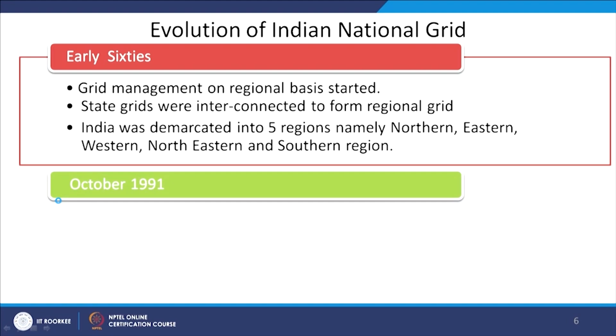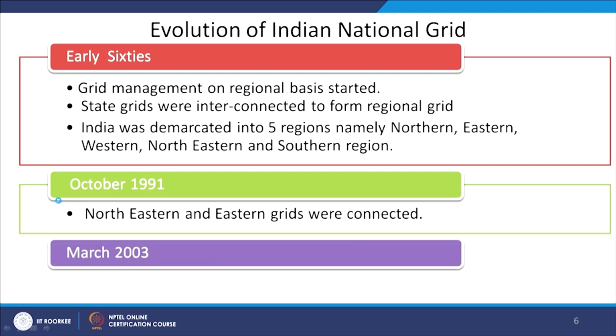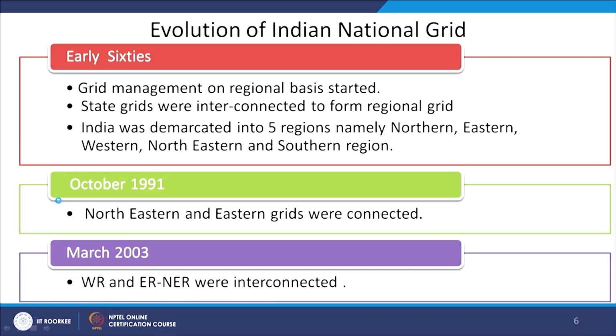In October 1991, northeast and eastern grids were connected, and during March 2003, western region and eastern region as well as northeast region were interconnected.